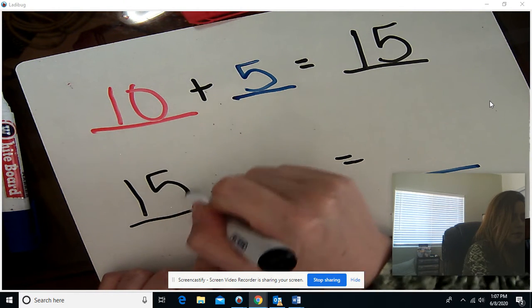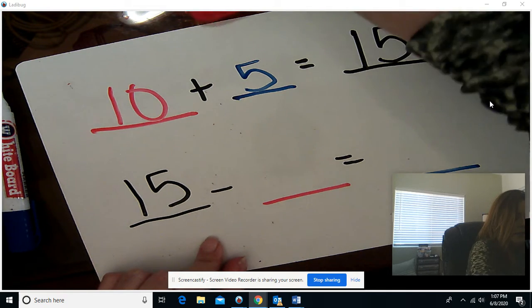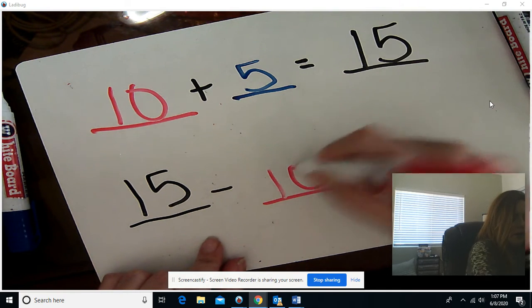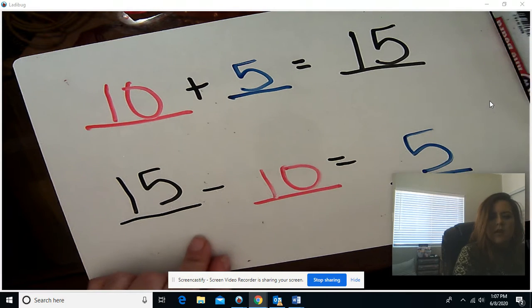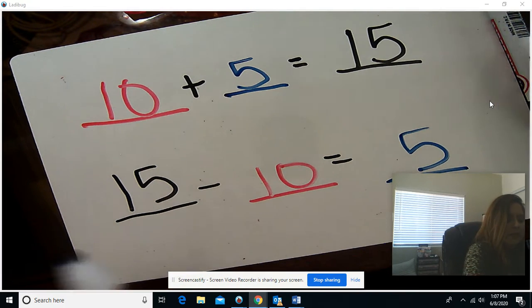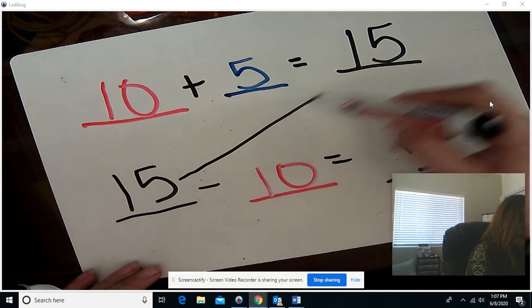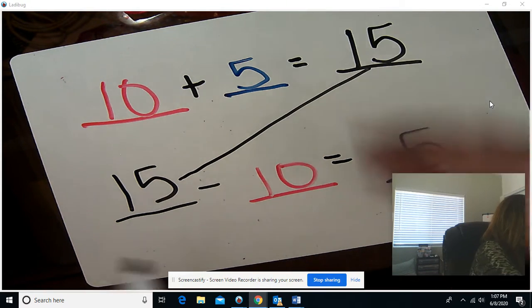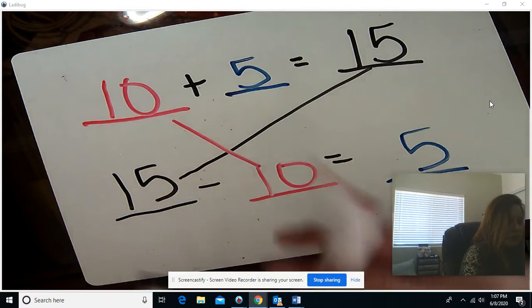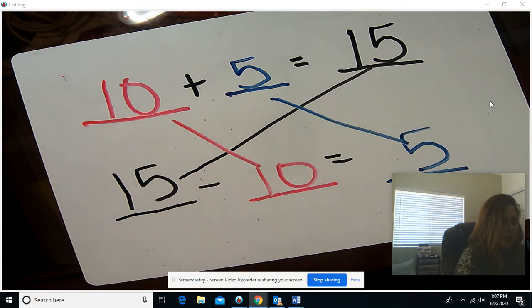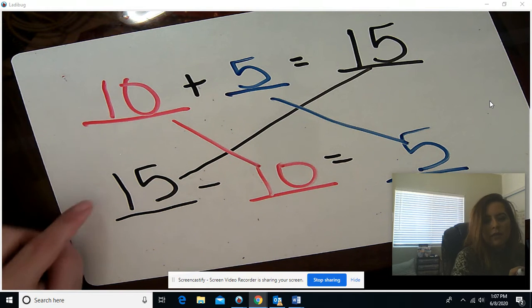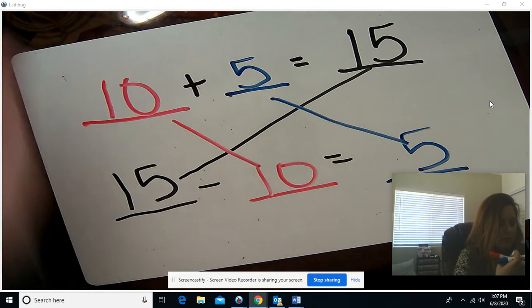So it's mama bear minus baby bear equals baby bear. So if we look, they're related because we're using the same numbers for both equations, for both number sentences. So if I know one, I'm going to know how to do the other.